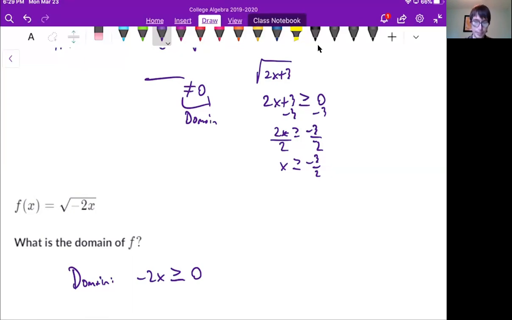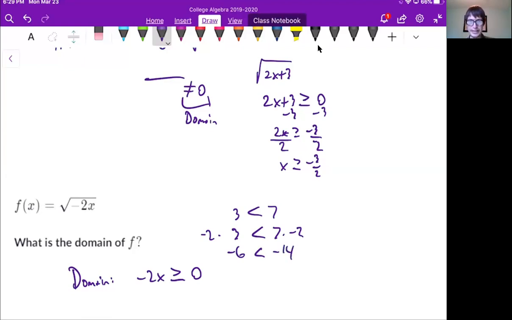You can see why this is. If you said 3 is less than 7, that's true. But if you multiply both sides by negative 2, you get negative 6 is less than negative 14.